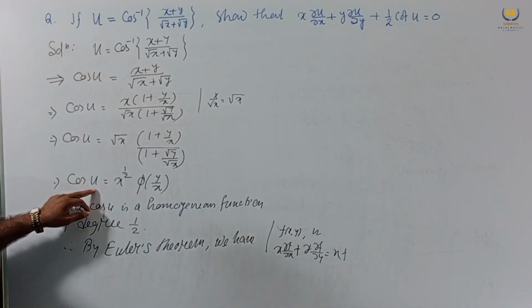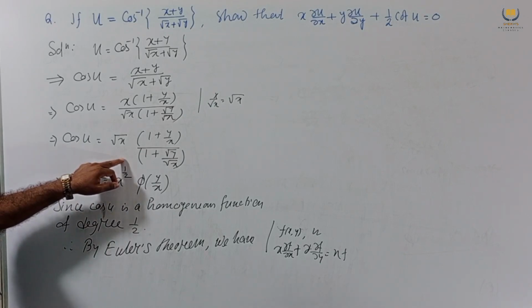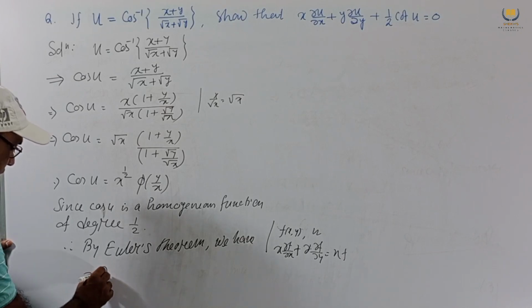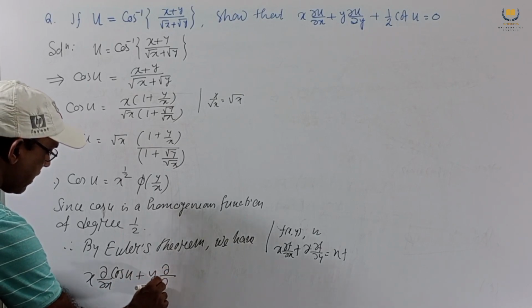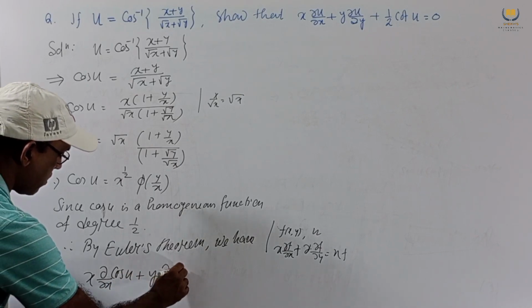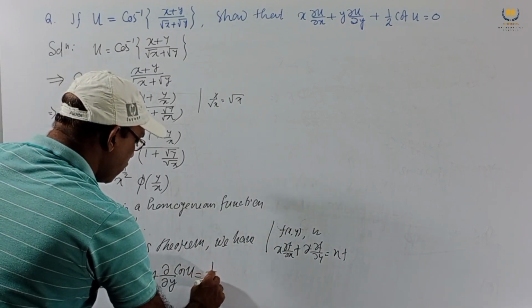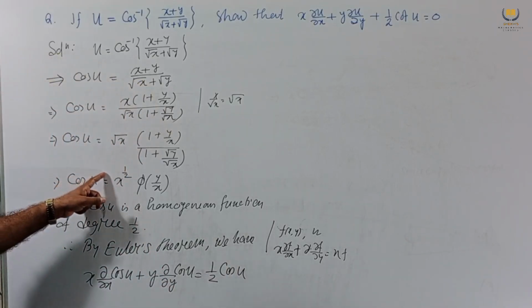So here the function is cos u. Cos u is a homogeneous function of degree half. Therefore, by Euler's theorem, we get x ∂/∂x of cos u plus y ∂/∂y of cos u equals degree into function. Degree means half, function means cos u.